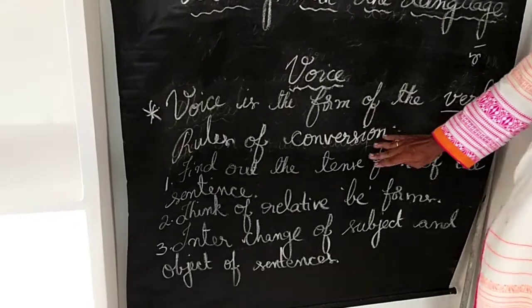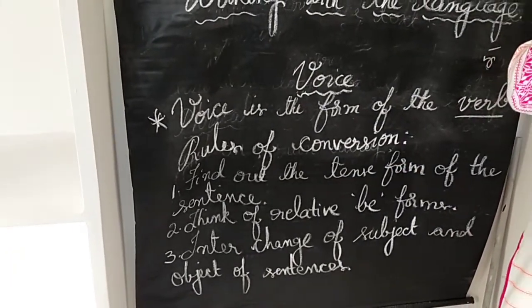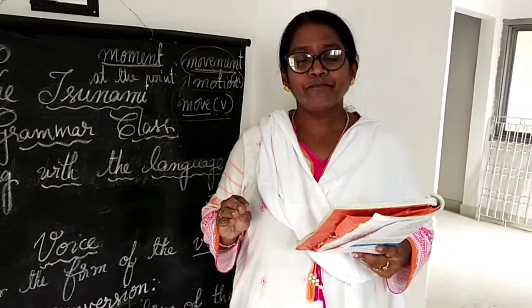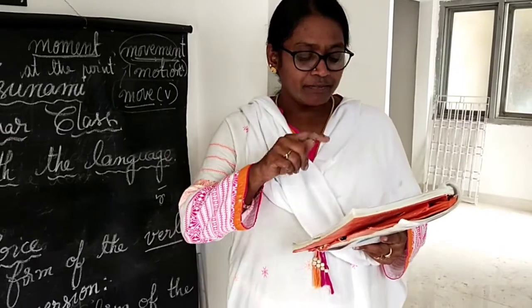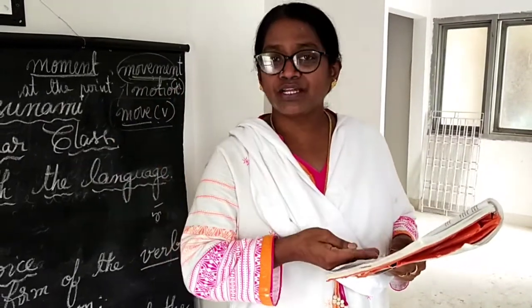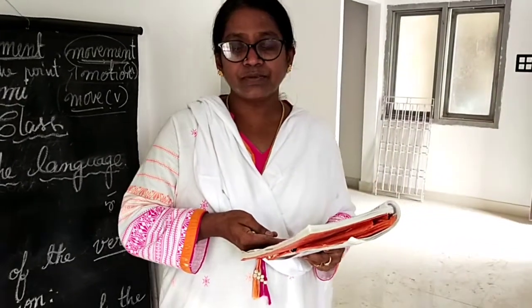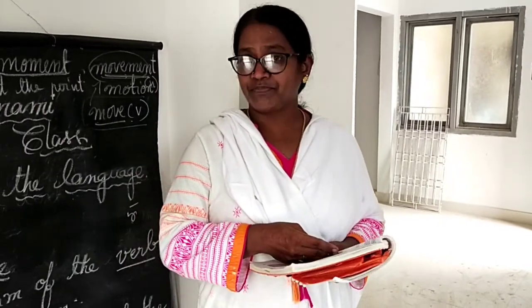But before learning the rules, you have to find out how passive and active voice can be easily identified. Meghana was swept. Who had taken Meghana? We have not given any information there. So it is passive voice, because here Meghana is affected by something.